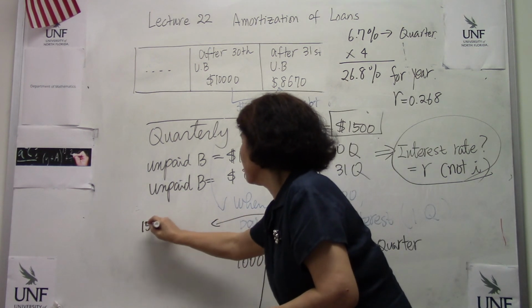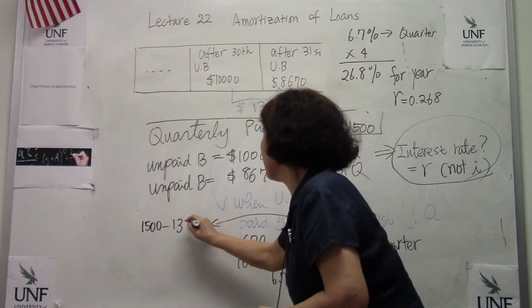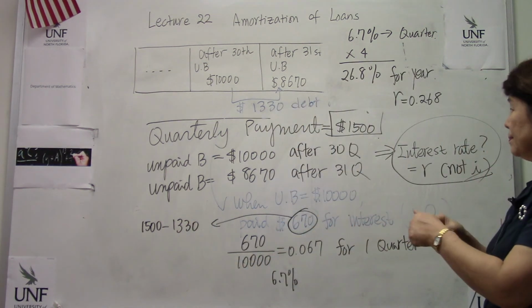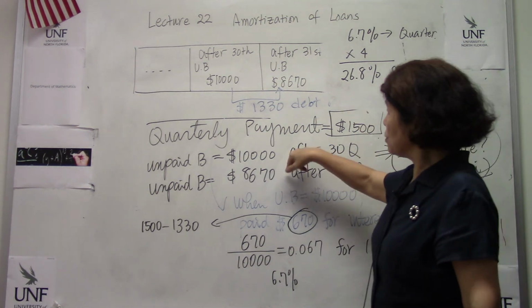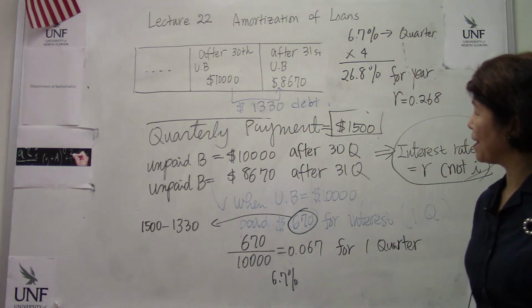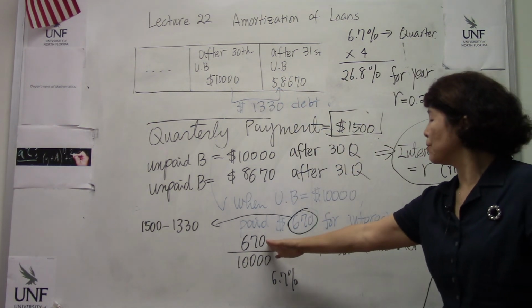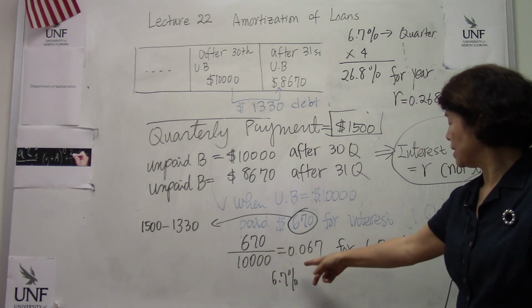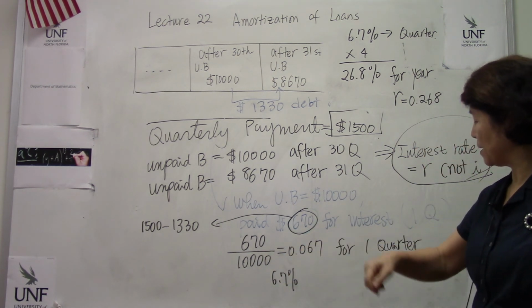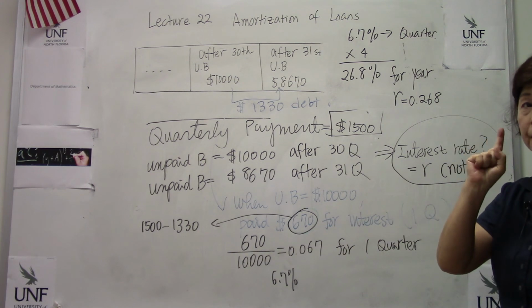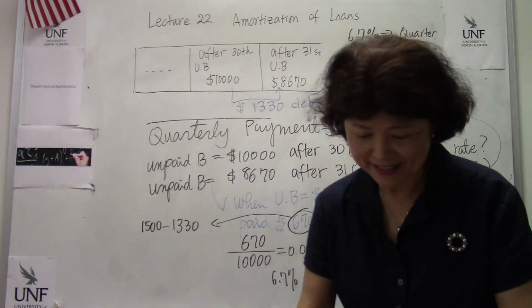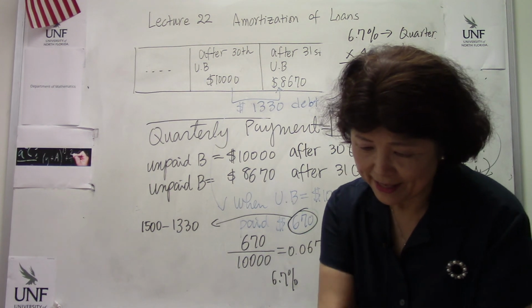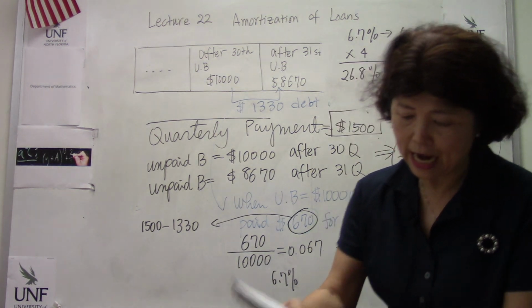So 1,500 minus 1,330. And that interest was based on unpaid balance of $10,000. That's how you find the rate, which is 6.7%, but that is for only 1 quarter. So for the whole year, times 4. Okay? All right, let's go for the last one.